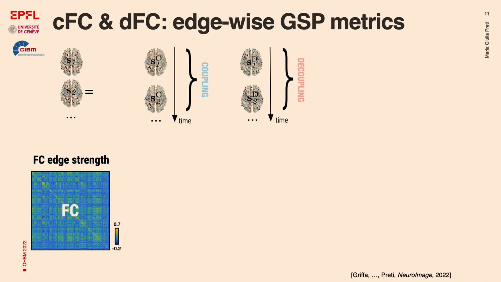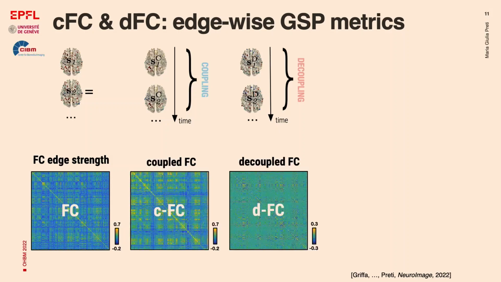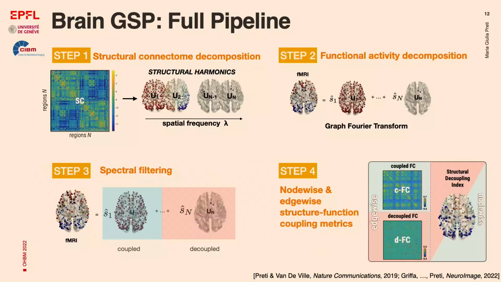So what we do here, exactly as you compute functional connectomes for normal functional time courses, is compute pairwise Pearson correlations, but starting from the coupled and decoupled time courses to obtain these two versions of functional connectivity, one that is coupled and one that is decoupled. So these are the measures that we'll be using in the following. So to recap, you have now the full picture of the method. First step, you decompose a structural connectome into structural harmonics.